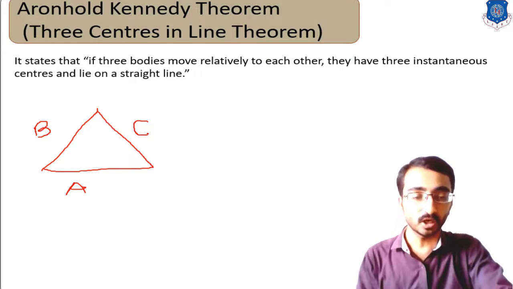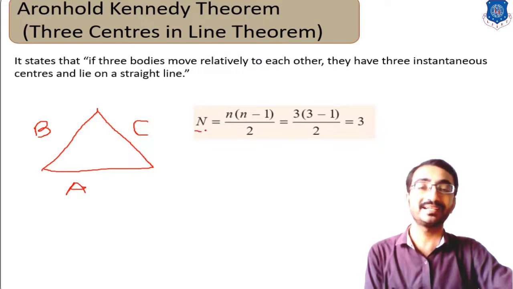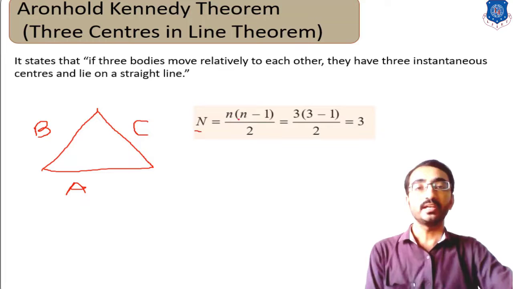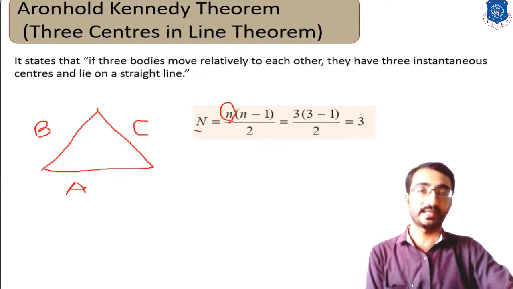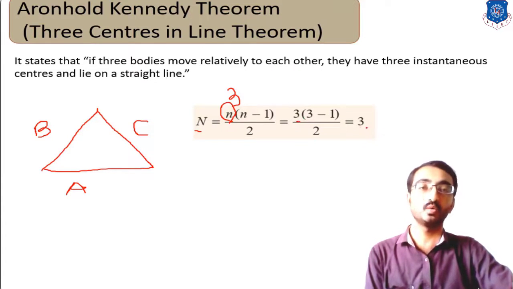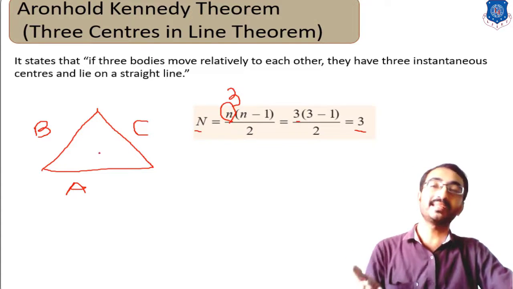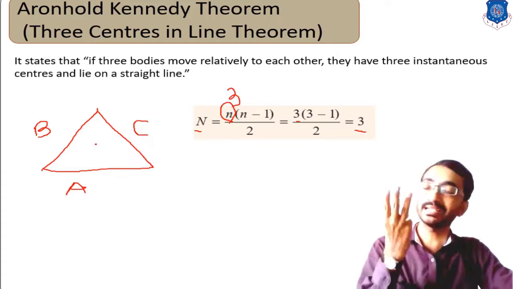We can find the number of instantaneous centers by the equation N equals n into n minus 1 by 2, where small n is the number of links. Here we have three links, so 3 into 3 minus 1 by 2 gives us 3. So in this mechanism we will have three instantaneous centers.